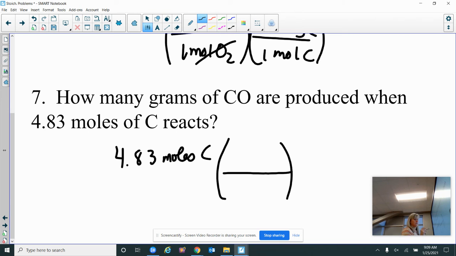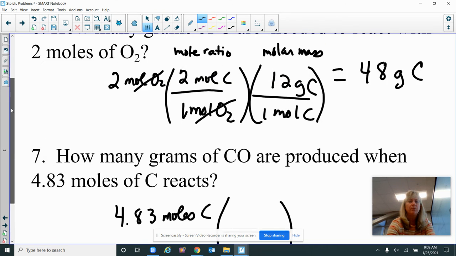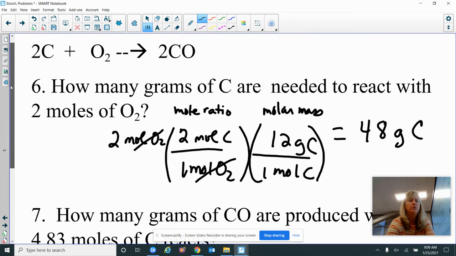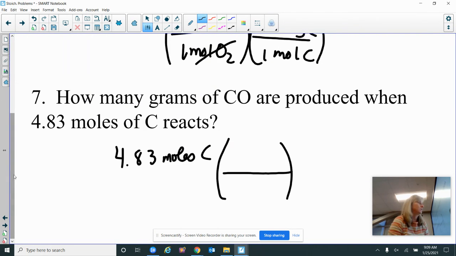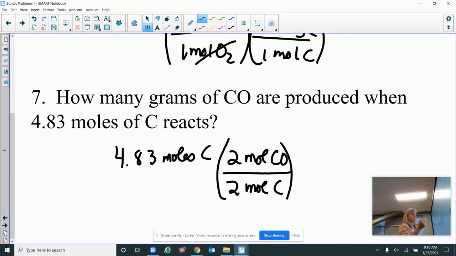Looking back up at our balanced equation, the relationship between moles of carbon and moles of CO is 2 to 2. So there's 2 moles of carbon to 2 moles of CO. I think I just said CO2. CO. And then I want to go to grams of CO.